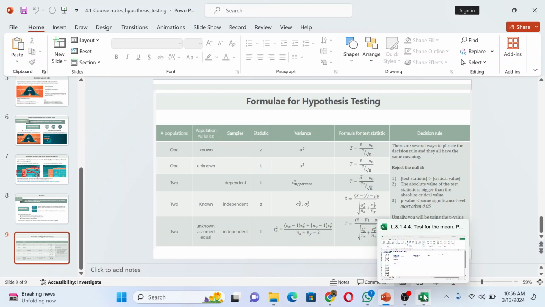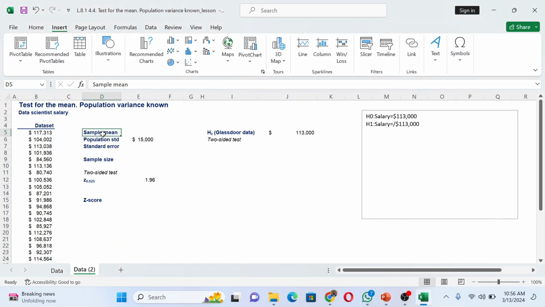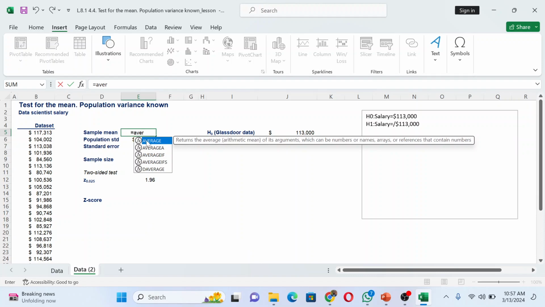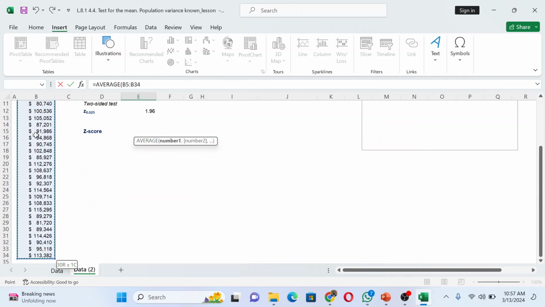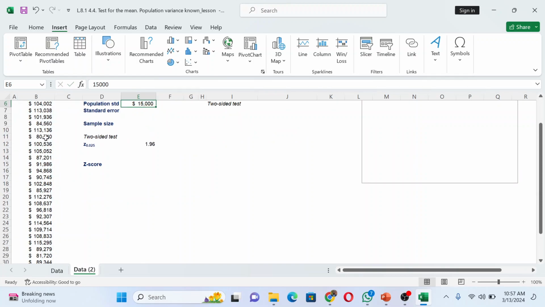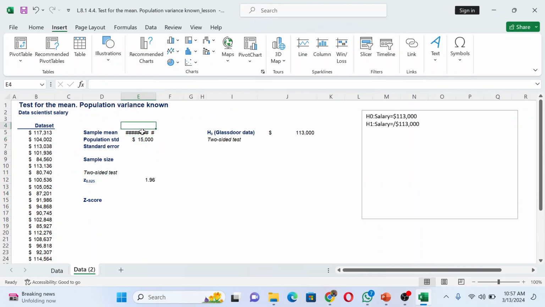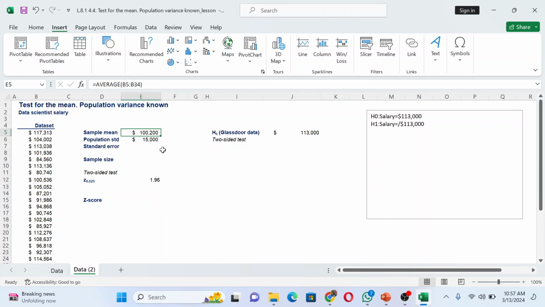Let us go back here. Sample mean is equal to the average of our data set. Sample size is equal to 30.